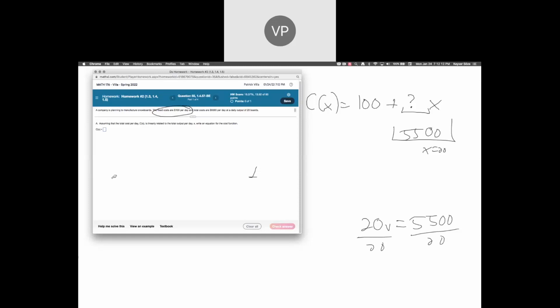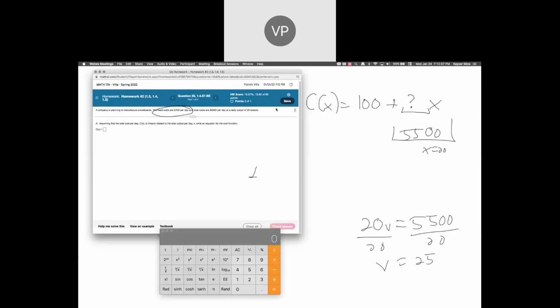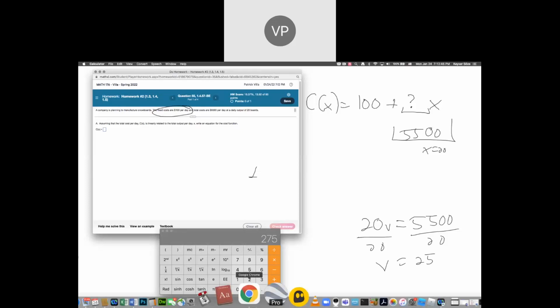We use that one factor they told us to figure out that it's going to be what? And like I said, don't be afraid to use your calculator here. Make sure we get the right number. Don't try to do this in your head like I was trying to do quickly here. And we get our 275.